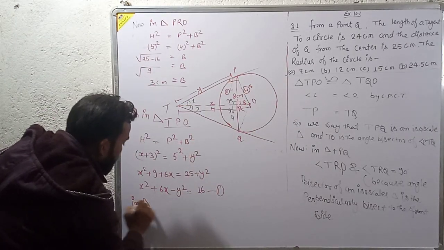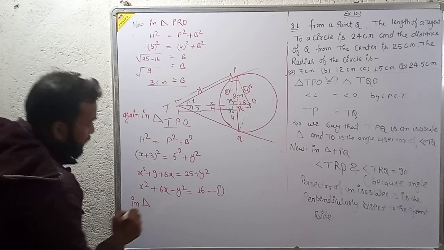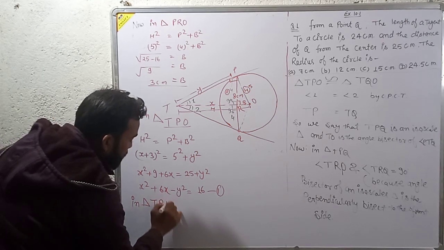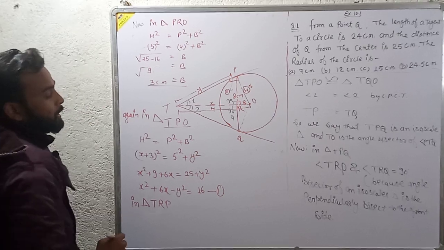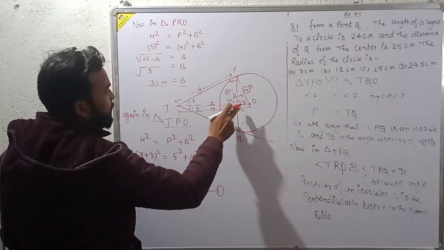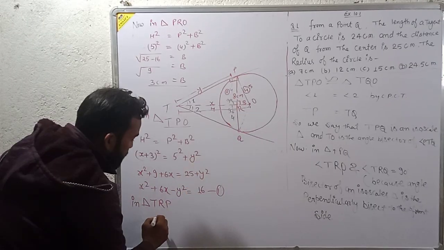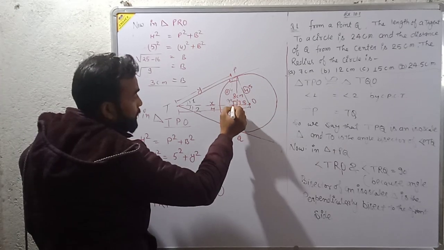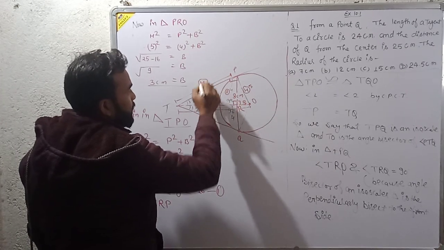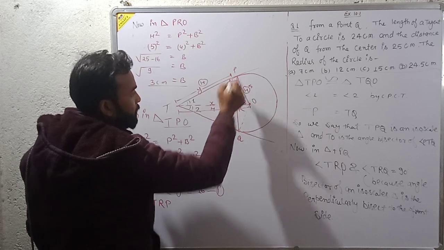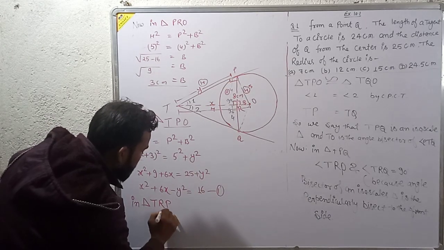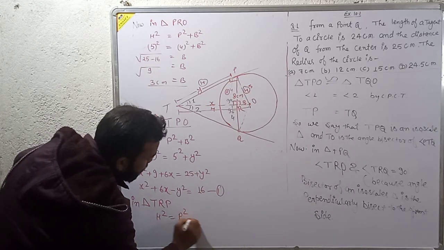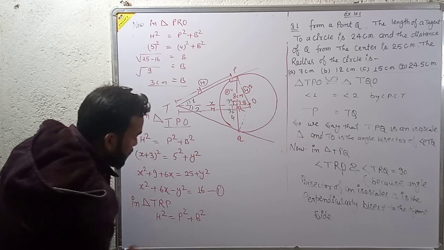Again, in the right angle triangle TRP, it is 90 degree here, so this will be the hypotenuse, this will be the base and this is the perpendicular. So hypotenuse square is equal to perpendicular square plus base square.